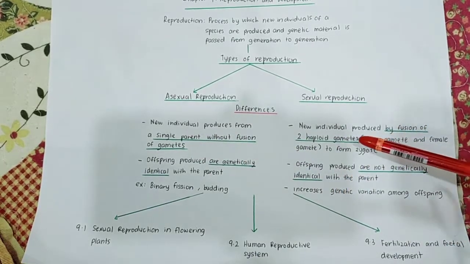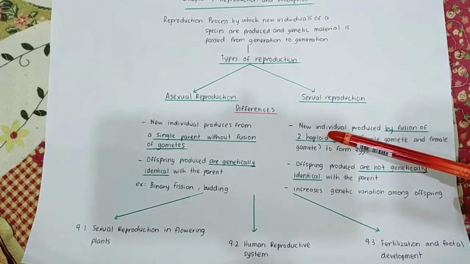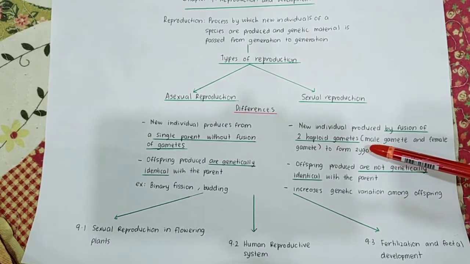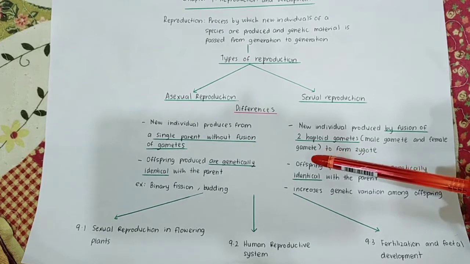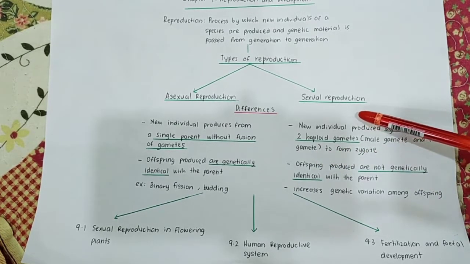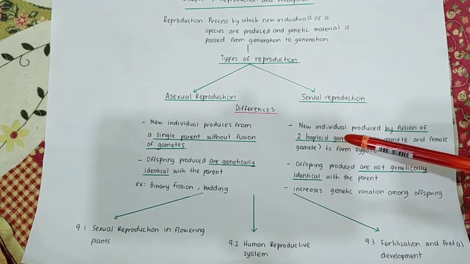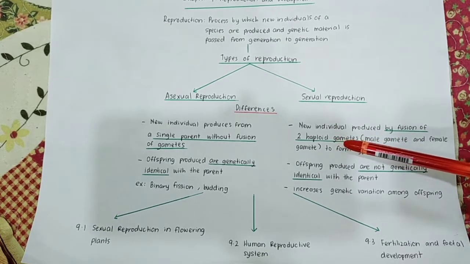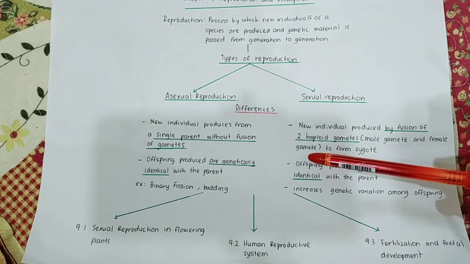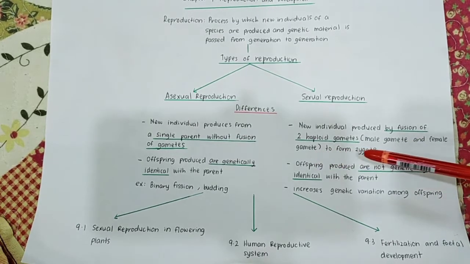While for sexual reproduction, a new individual is produced by fusion of two haploid gametes, which are the male gamete and the female gamete, to form a zygote. So means that kalau untuk sexual reproduction, it will involve fusion of two haploid gametes. Maksudnya akan berlaku fertilization in between male gametes ataupun sperm and female gametes or egg to form zygote.